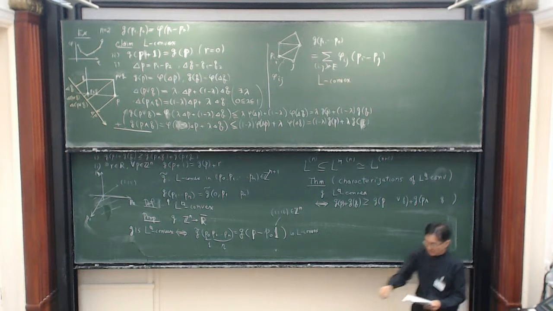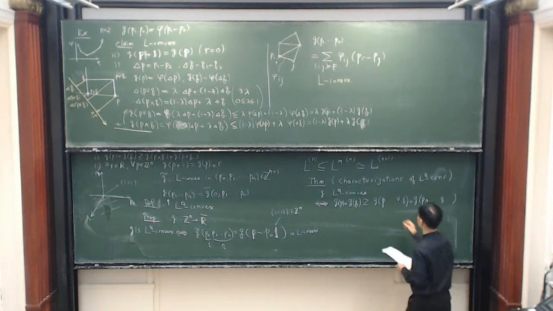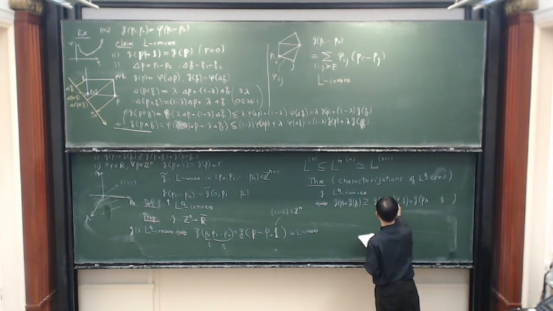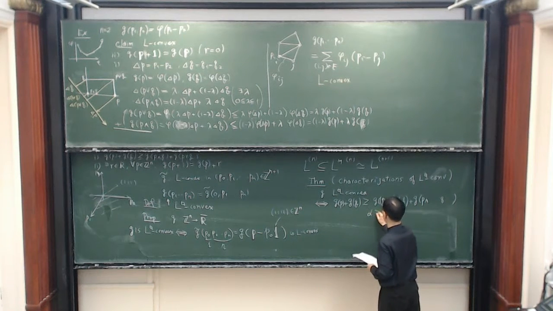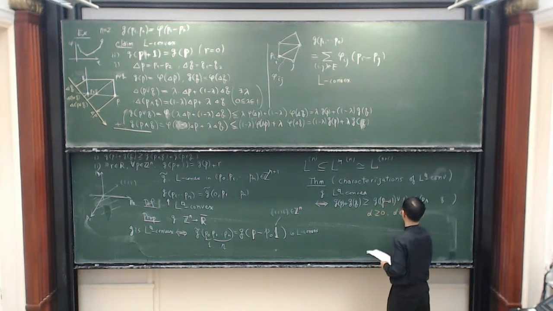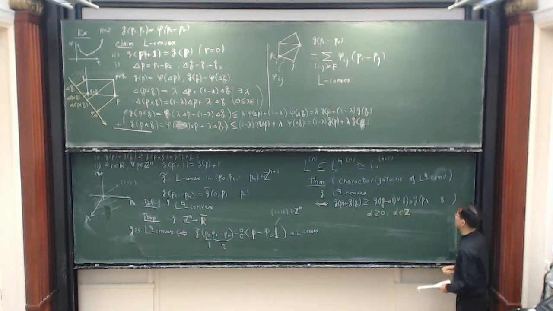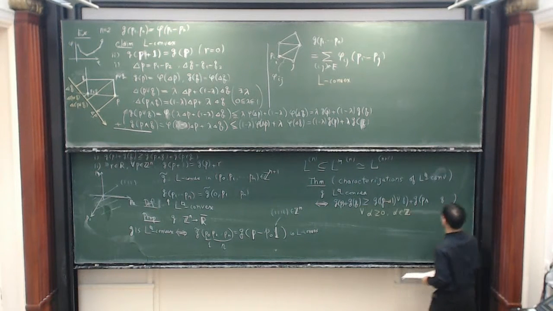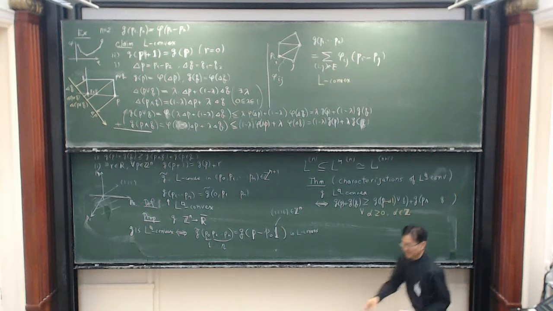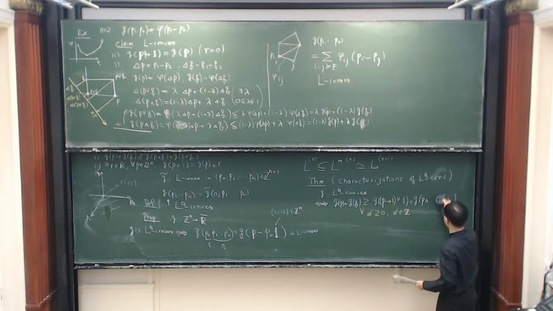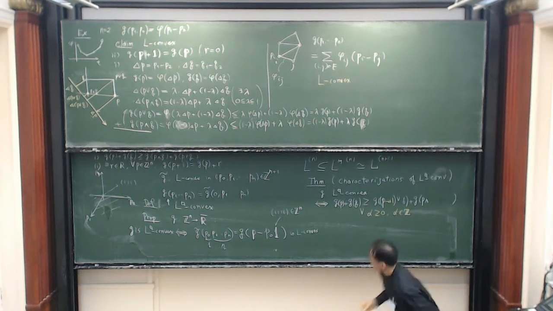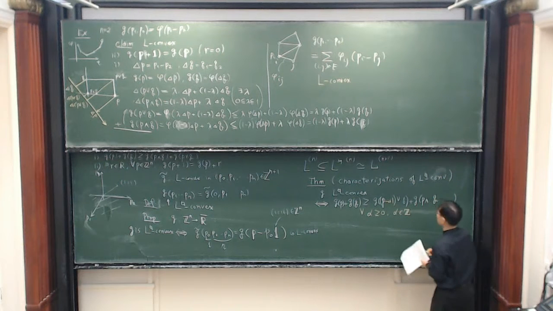But I'm adding a stronger condition: p minus alpha 1, where alpha is a non-negative integer, for any alpha. And this is q, but here, and take this.